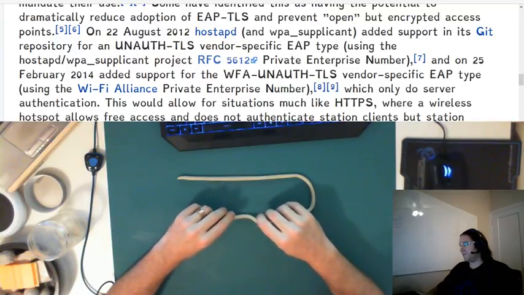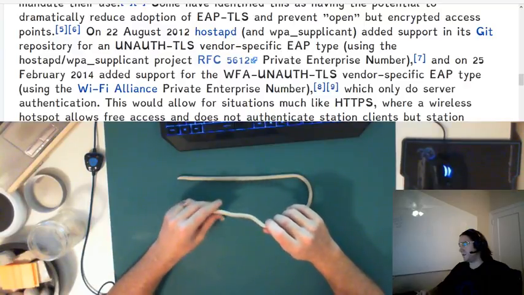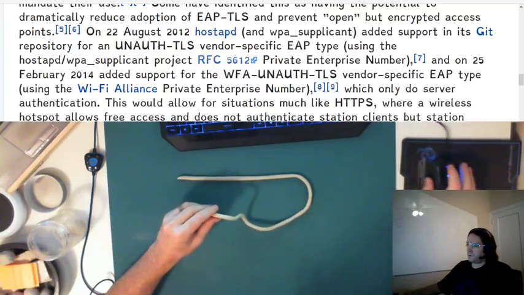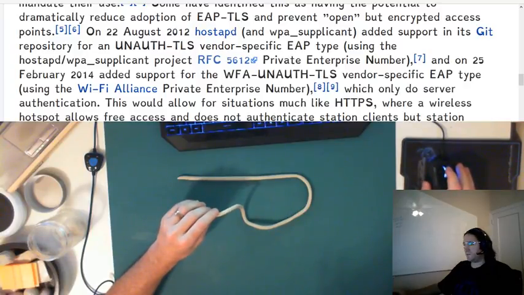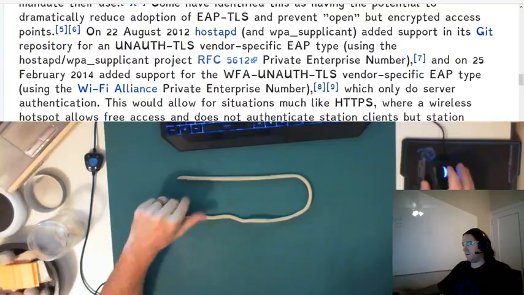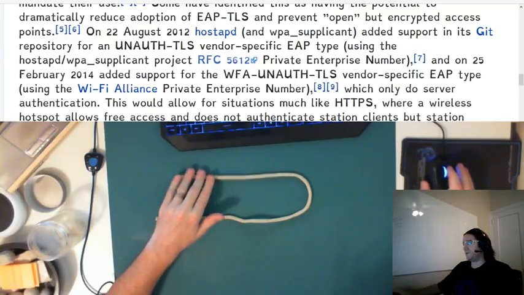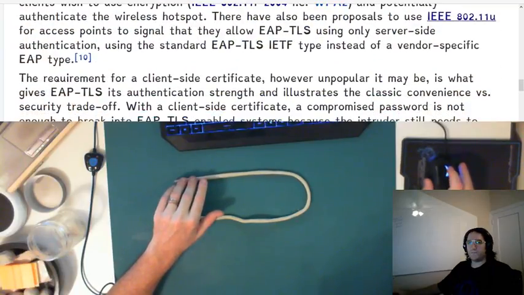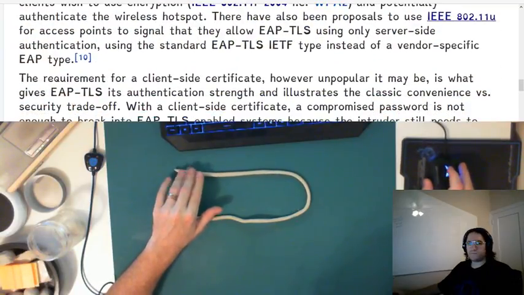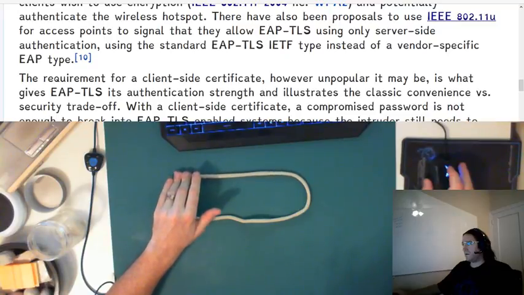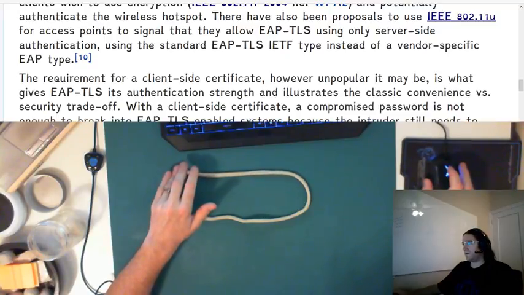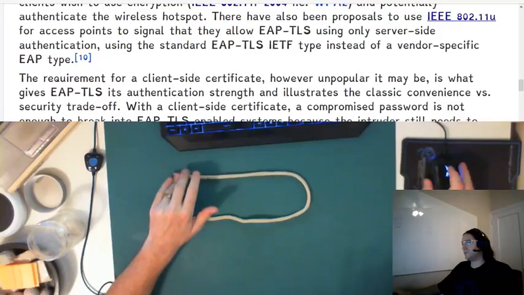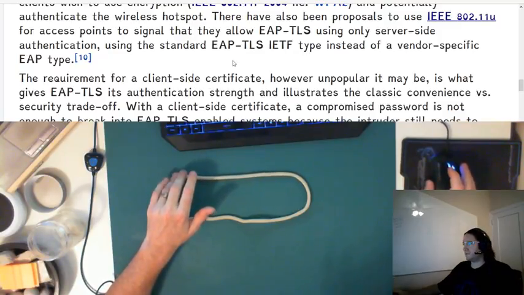There are also being protocols to use the IEEE 802.11u. What is u? For access points to signal that they allow EAP-TLS using only server-side authentication. Oh, there we go. Using the standard EAP-TLS IETF type instead of the vendor-specific EAP type.